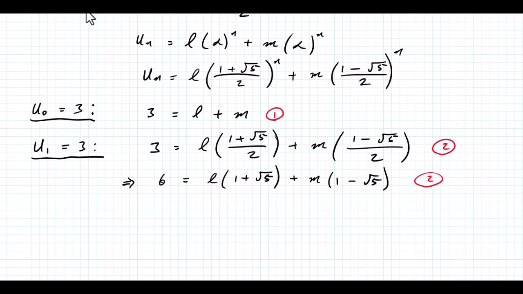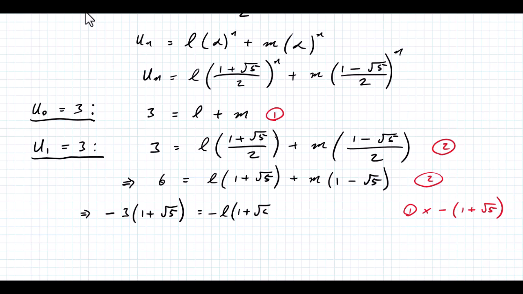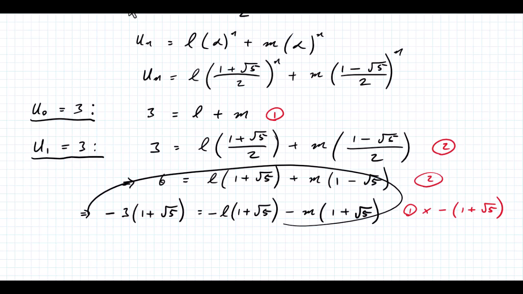I'm going to take equation 1 and multiply it by minus (1 plus root 5). So we'll end up with minus 3 times (1 plus root 5) is equal to minus L times (1 plus root 5) minus m times (1 plus root 5). Okay, so what I'm going to do now is just add these two equations here, and you can see that this will disappear.